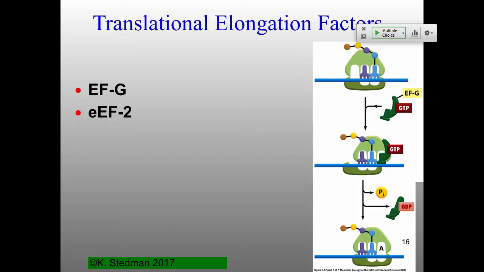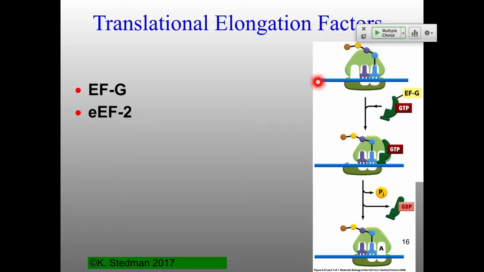Elongation factor G will bind to the large subunit of the ribosome once it's made this little translocation step, and through GTP hydrolysis, basically pull the small subunit along.